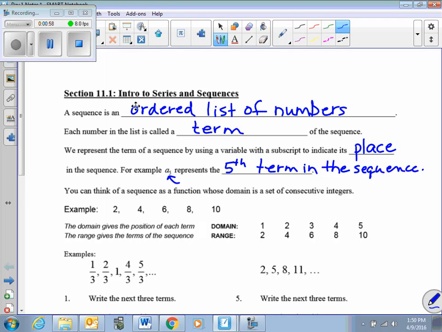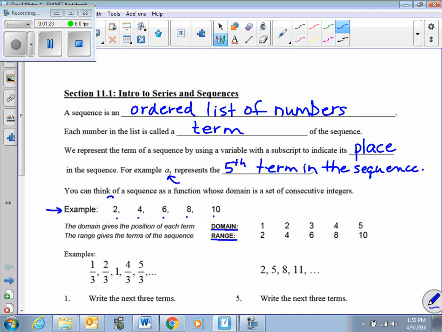You can also think of a sequence as a function whose domain is the set of consecutive integers. So for example, if I have this sequence that contains the terms 2, 4, 6, 8, 10, the terms in the sequence would be the range, and the domain would be each term's place in the sequence.